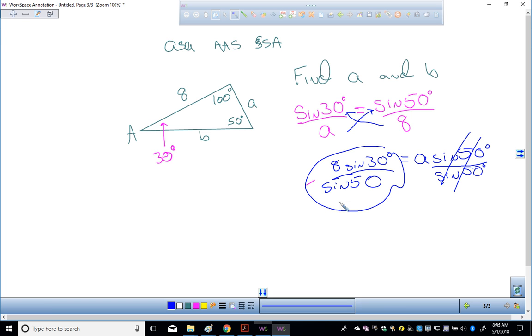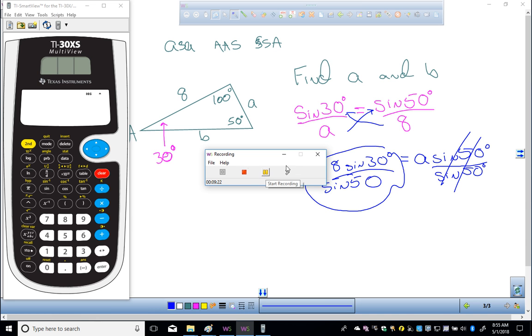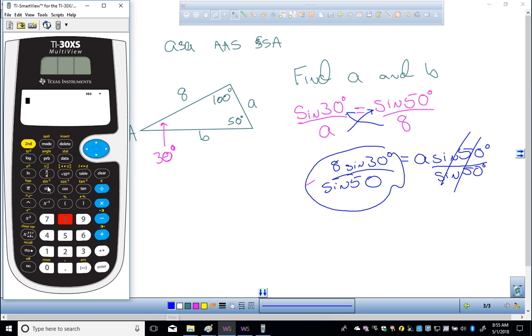So now I'm going to pause for a second because I got to get my calculator. Okay, unpause. Now I'm going to plug this whole chunk into my calculator. So I'm going to go 8 sine 30 divided by sine, be careful, you got to close that parentheses.